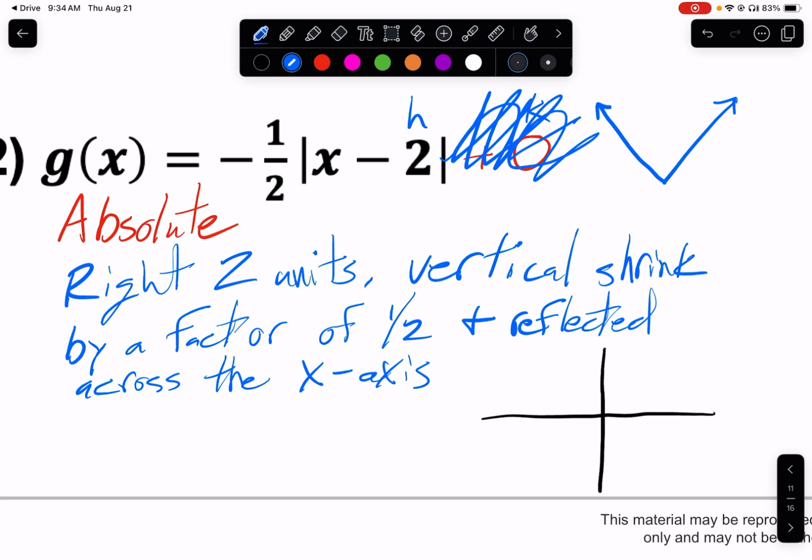And then it is moving to the right 2. I don't move it vertical at all, so I'm just going to go from the origin 1, 2. So the vertex of my graph is going to be right there. And then it says we have a vertical shrink, okay, which means it looks fatter. It's going to look wider. So it's going to be going like this.